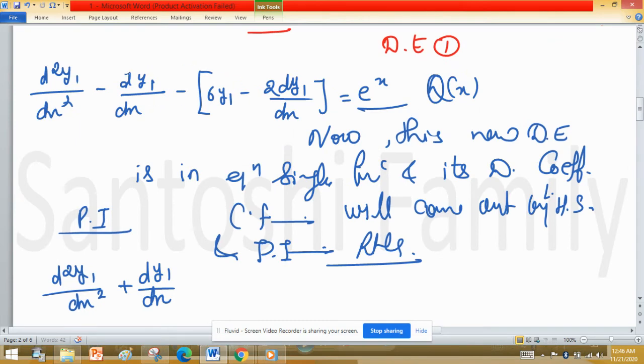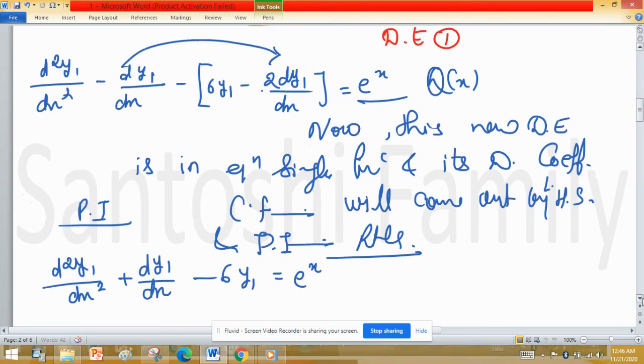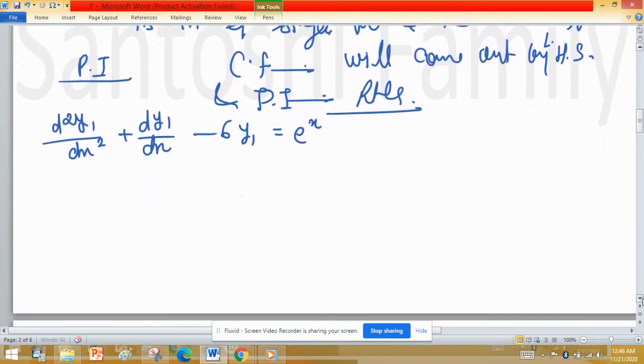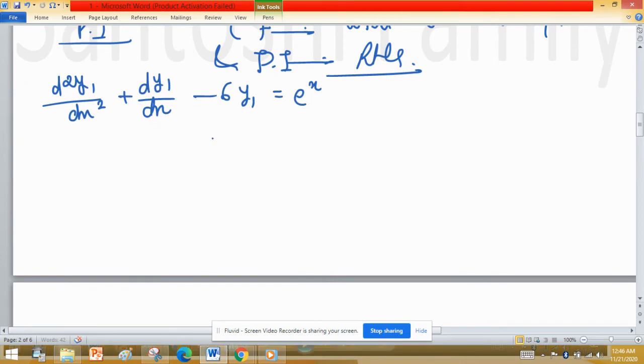Yes, it will come positive because the negative turns to positive, so a plus sign is obtained here. Minus 6y1 equals e raised to the power x. This is the more simplified form of the above differential equation.